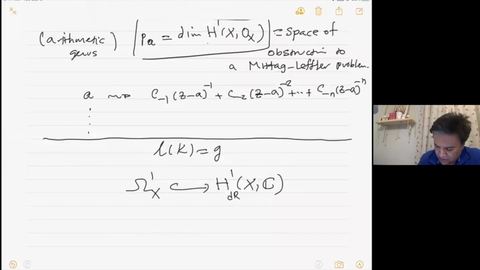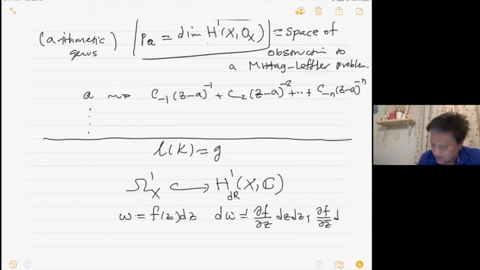And all these differential forms that are holomorphic are closed. Why? Because if you write one of these locally as f(z) dz, and you take the differential of it, it's going to be df/dz dz plus df/dz-bar dz-bar. Now, dz-bar is 0, and df/dz-bar is 0 because f is assumed to be holomorphic.